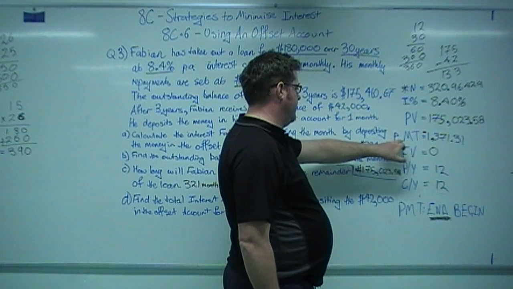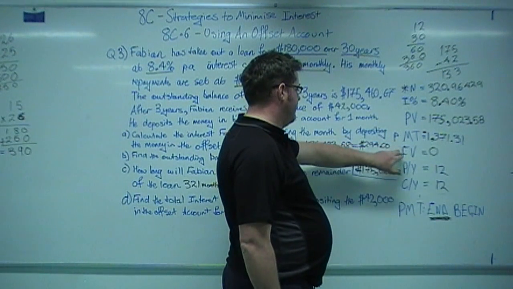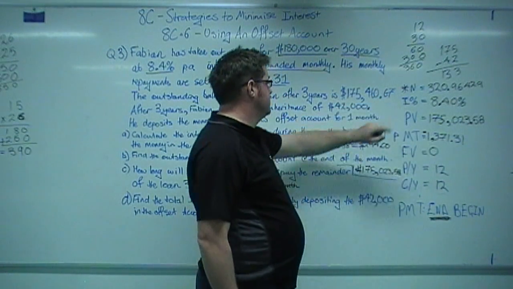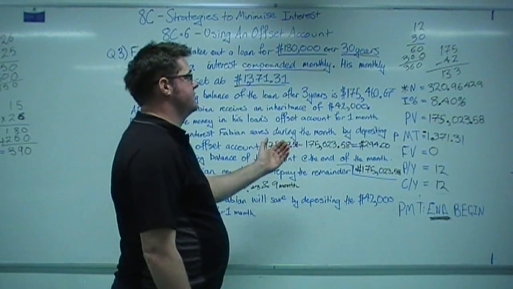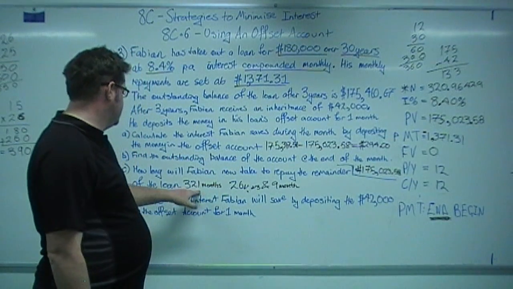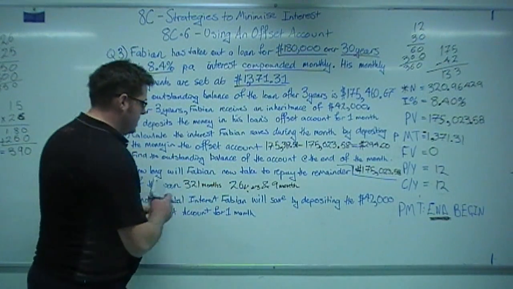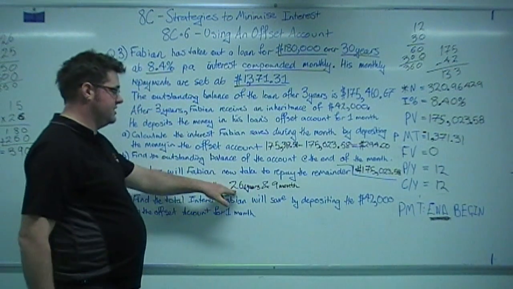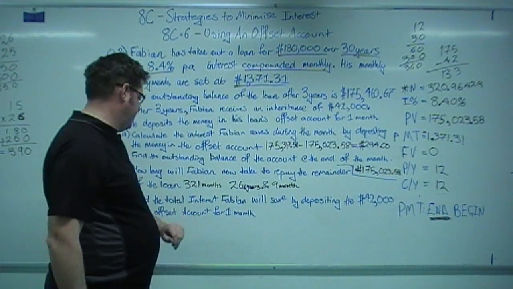Our payment value we leave the same. Final value we reset to 0, and we solve for the number of terms. The number of terms we end up having is 320.96. We can't have part of a term, so this becomes 321 months. Bump up the answer, which ends up as being 26 years and 9 months.